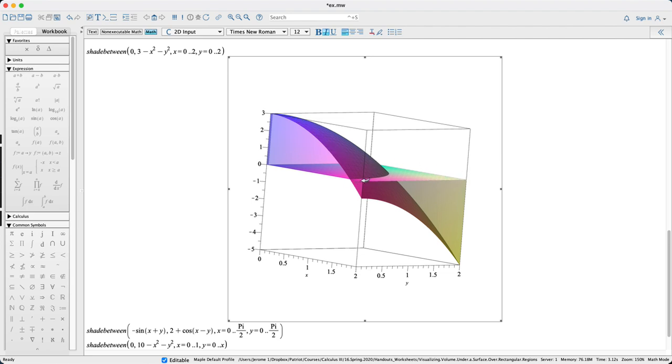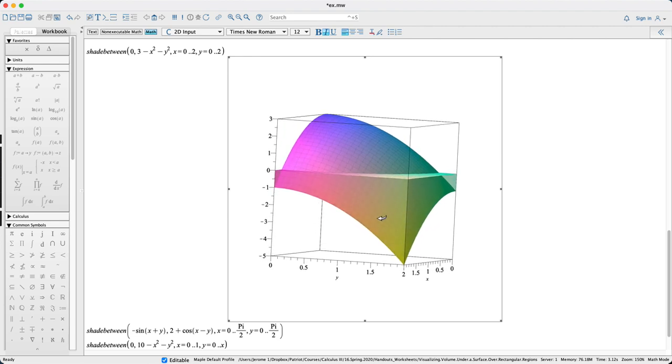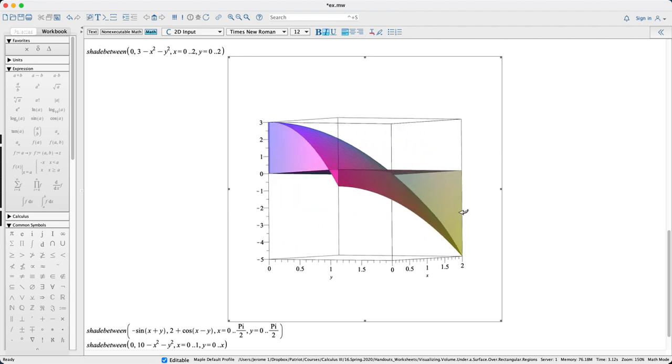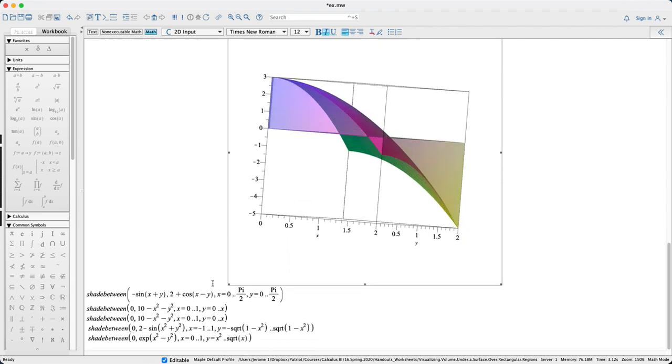And you can see where the surface cuts through that plane, and part of the solid is above the XY plane, part of the solid is below, and in this case, this is where we would definitely refer to it as a net volume, right? So part of it would have a positive volume, part of it would have a negative volume, and then the total would be this net, right?